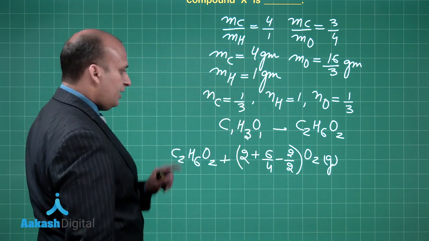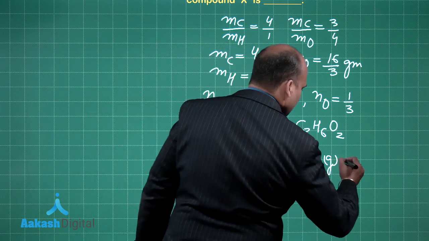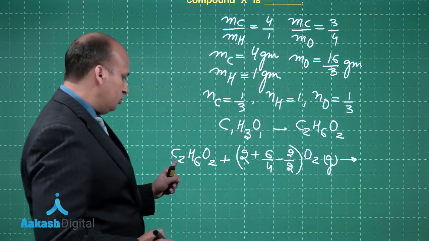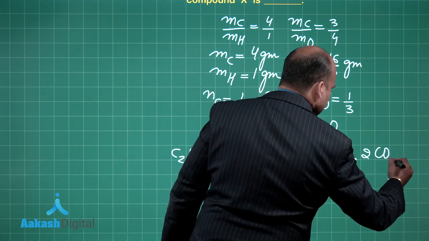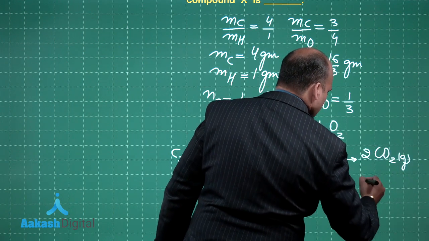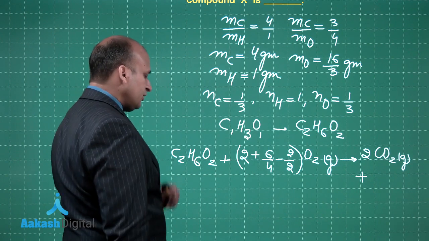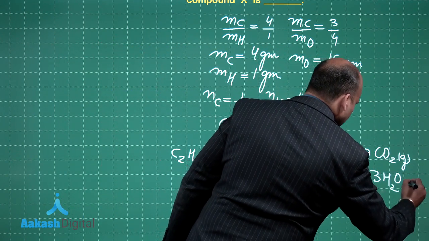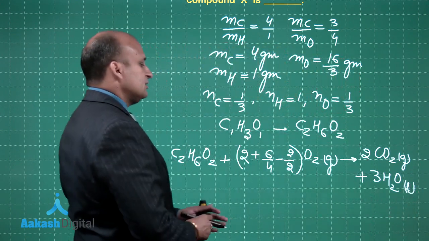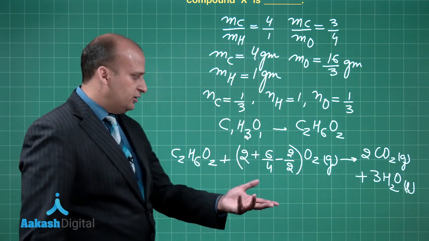Fine. And this all should be giving you, how many carbon moles are there? 2. So, it should be giving you 2 moles of carbon dioxide gas, plus how many moles of hydrogen are there? 6. Should be giving 3 H2O liquid. Now, this is the standard equation. There are 2 ways to do it.